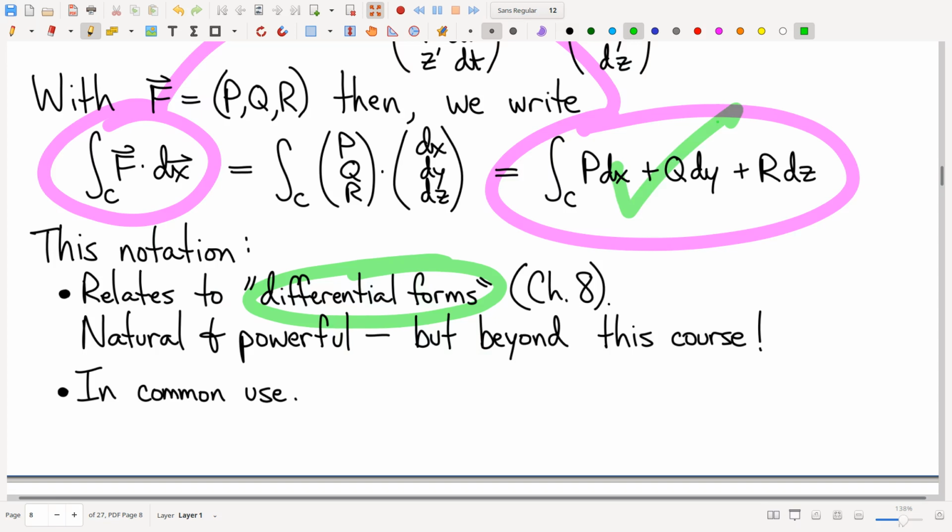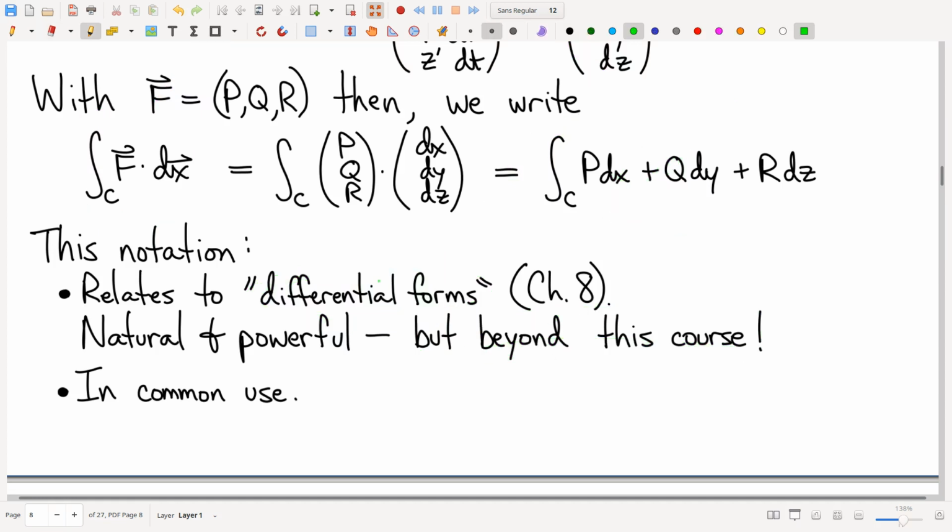I just emphasize, though, those great reasons are not going to come up in this course, right? Okay, well, why am I wasting your time then with stuff that you're not going to see in this course? Well, the thing is, because of these great reasons, this notation is in common use.